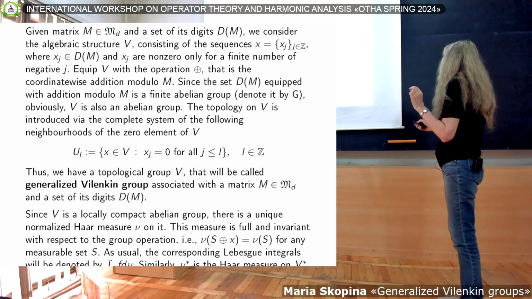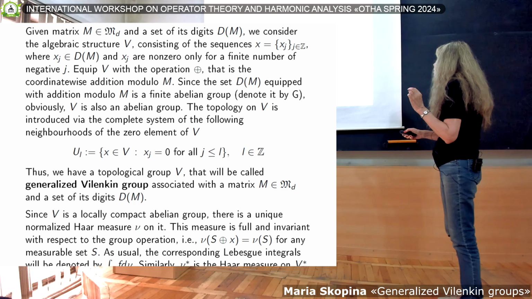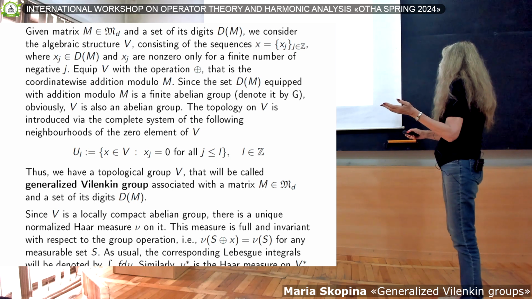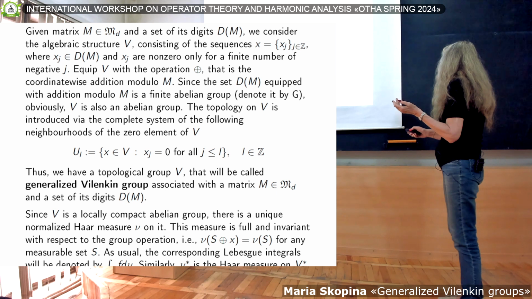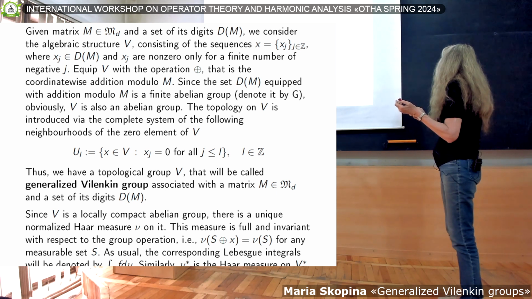This measure is full and invariant with respect to the group operation. So we have this for any measurable set S. And after that, of course, we have the Lebesgue integral with respect to this measure. Similarly, nu star is a Haar measure on the space V star.